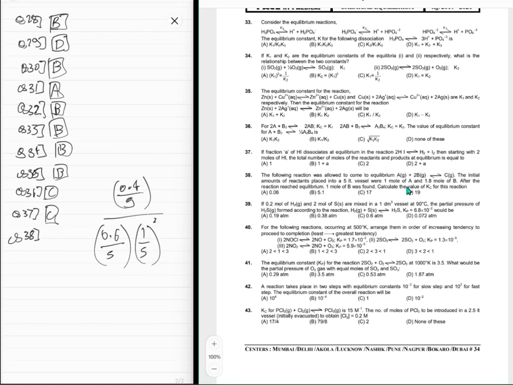Now this should be correct. So 25 into 2/3, which is 50 upon 3, which is 16.6 something, close to 17. So question 38 is C. Wait, no, question number 38 is, yeah, it's C, sorry. Let's do question 39 over there. Okay, so C.